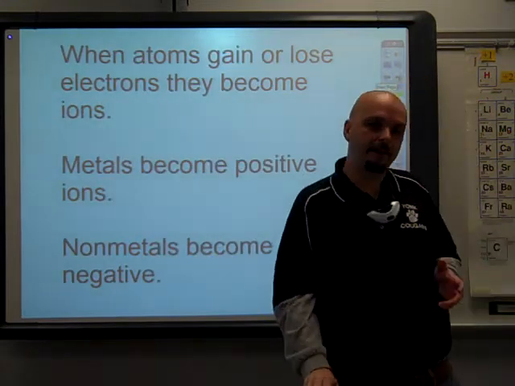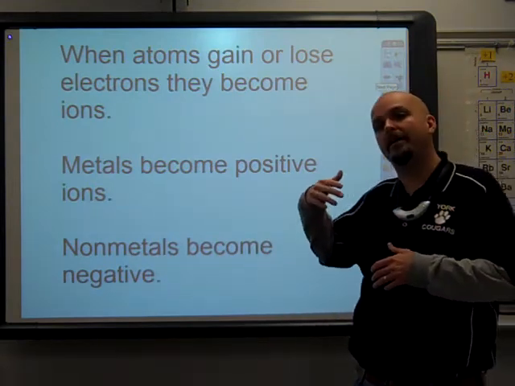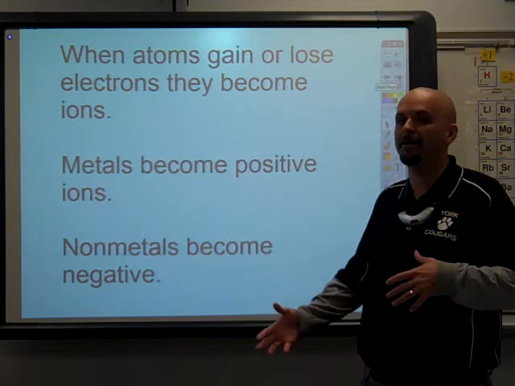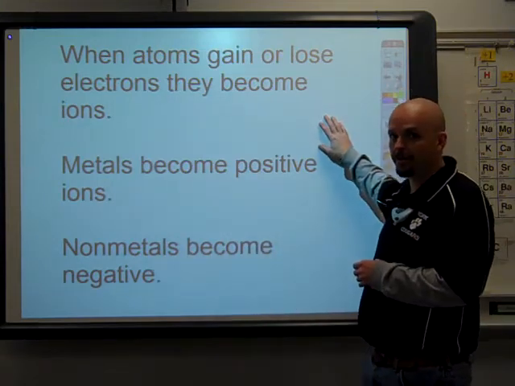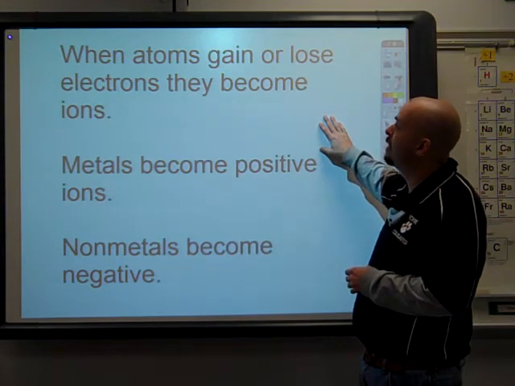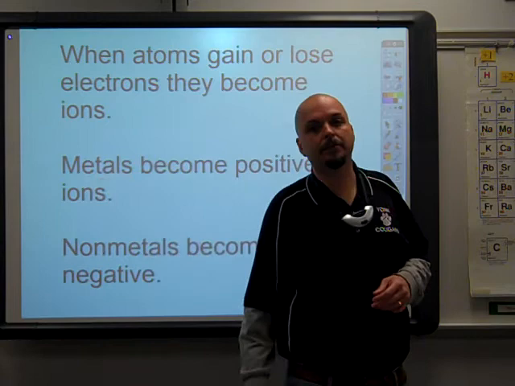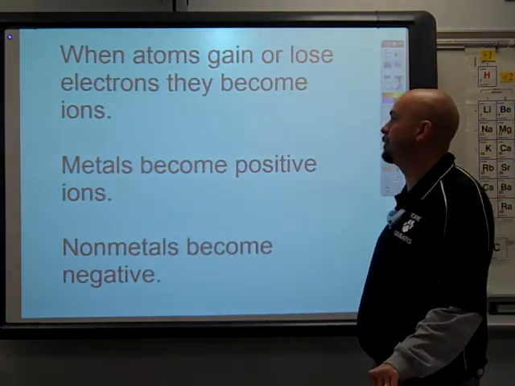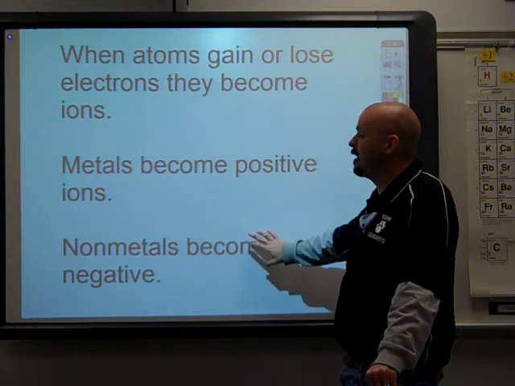Now when these metals and nonmetals get together, when those metals give away their electrons, when those nonmetals take those electrons, it's going to throw the charge of our atom out of balance. They will become ions. Ions are the name we give to charged atoms. Metals will become positive ions.